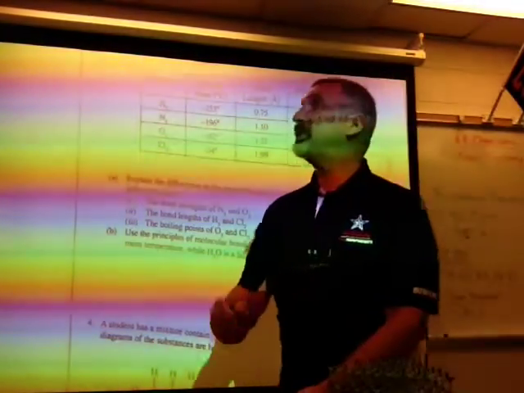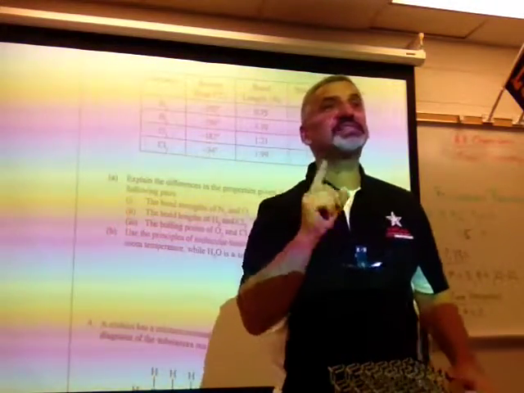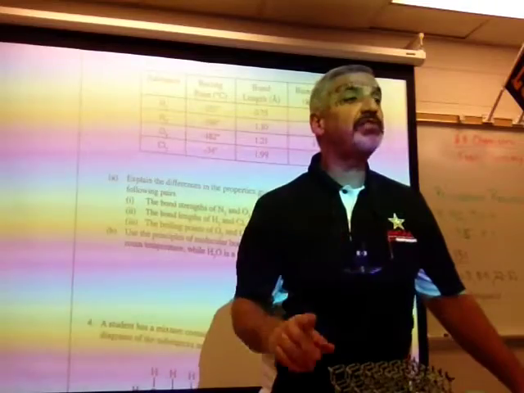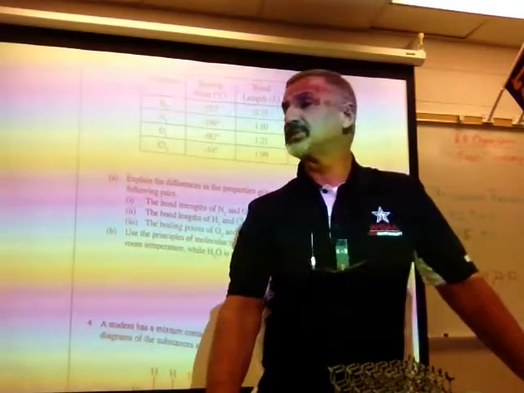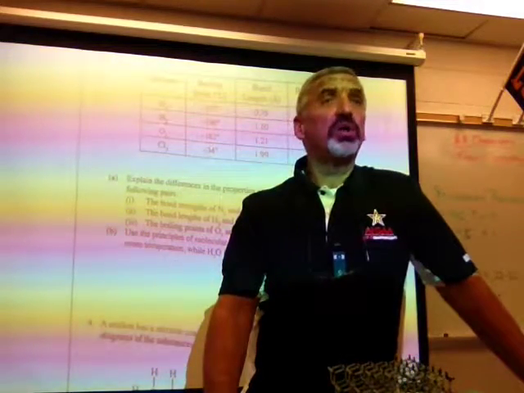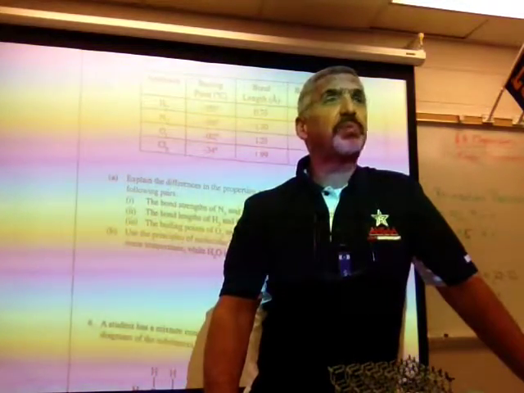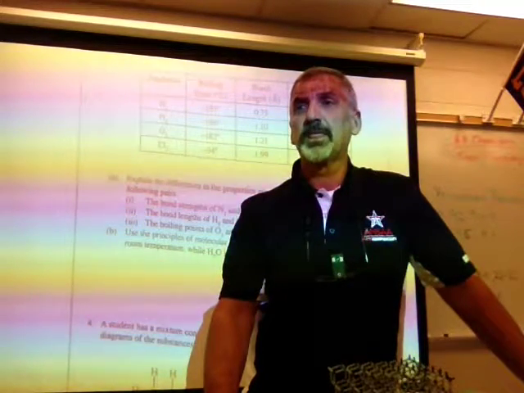Now, in preparing, listen, we have 8 minutes. In preparing for the test, I just gave you a chart with all the different properties of the substances. You need to know and be able to identify the properties of each of the types of substances.